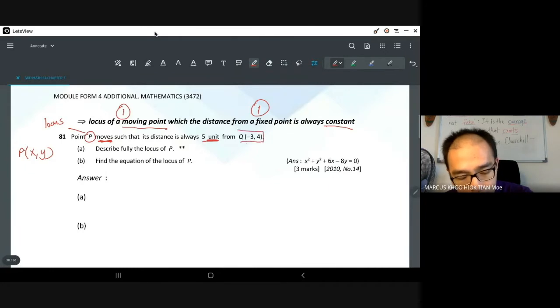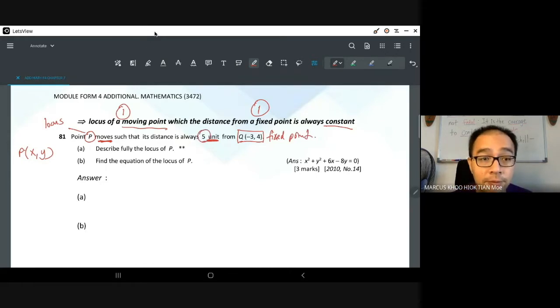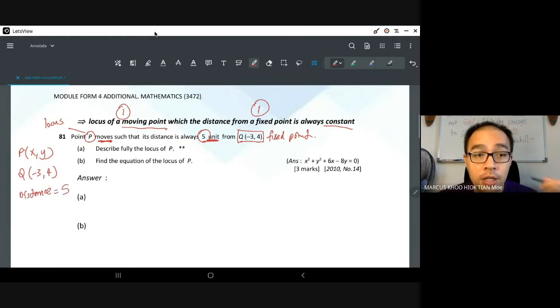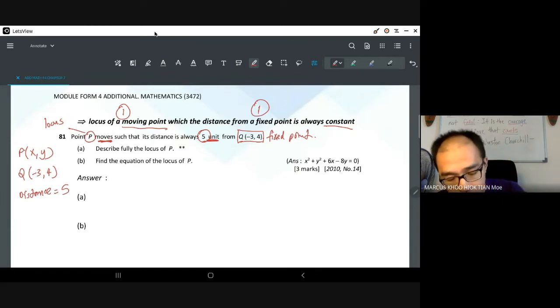So this is the fixed point, and the distance is always 5. So let me put the point as (-3, 4), and then the distance is always 5. Now, if I draw this, one moving point, one fixed point, distance is constant, so it is a circle.